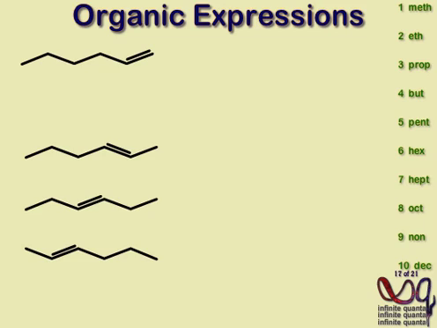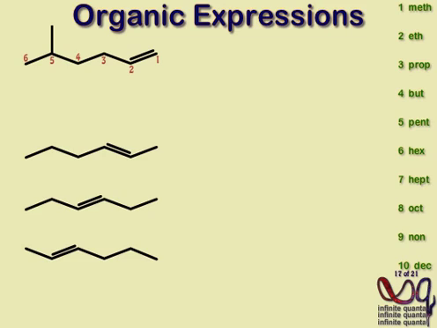Okay, now when you have double bonds or triple bonds, those take precedence over the branching when it comes to the end of the numbering. Okay, so let's just say we had a branch here on that one, methyl. So before I said you start your numbering where the first branch is, right?